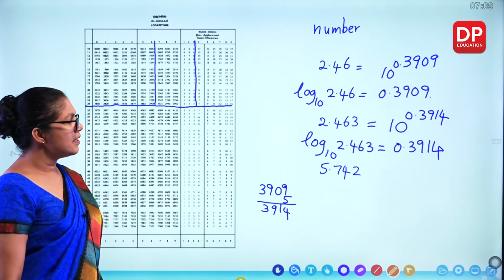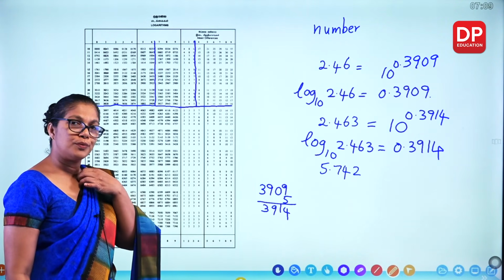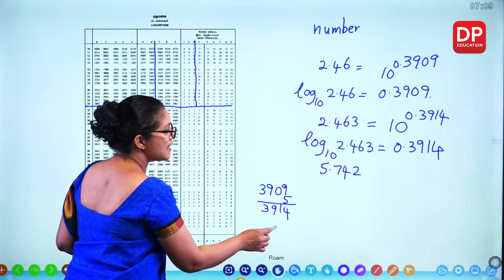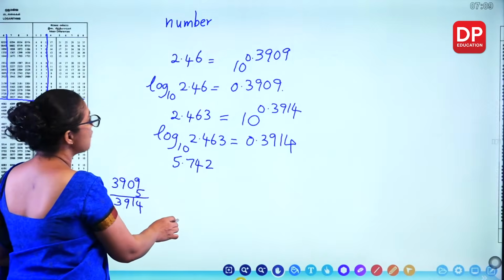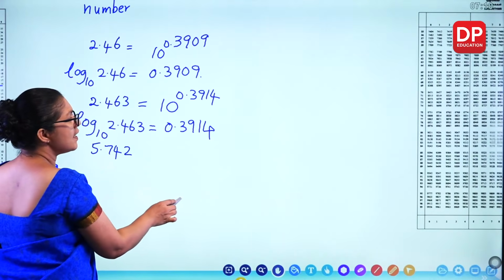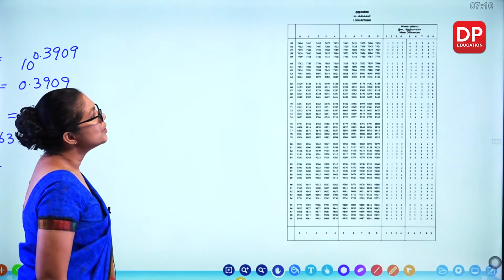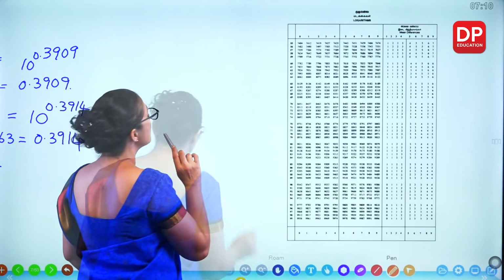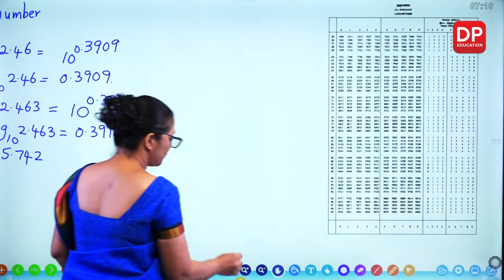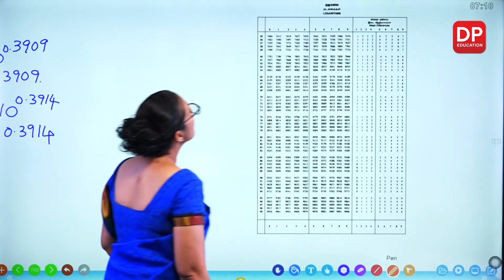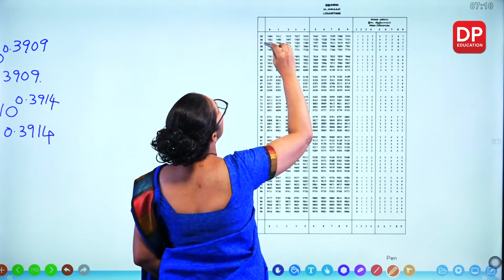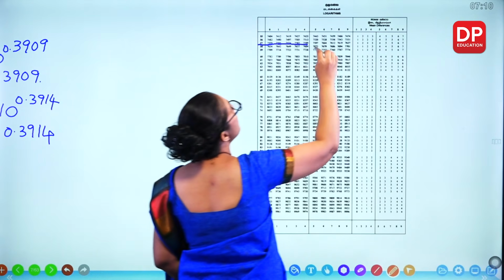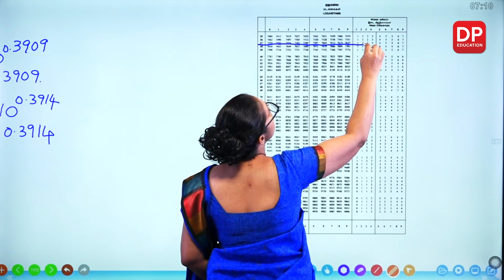Now try the next one. 5.742. That means more than 54, you have to refer the second table. So what's the number we have to take? 57, 4, 2. Keep a ruler. 57th row is here. 4 is this value. And what about 2? 2 is 2.